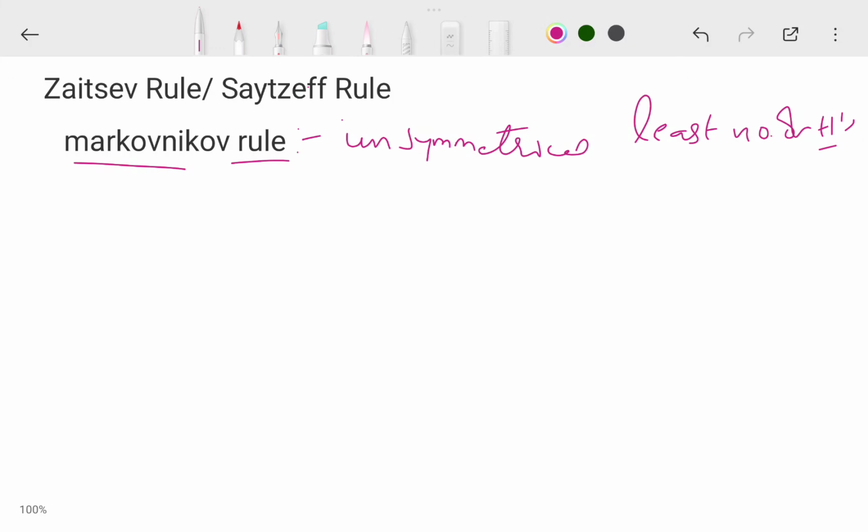For example, R CH double bond CH2 plus HX.